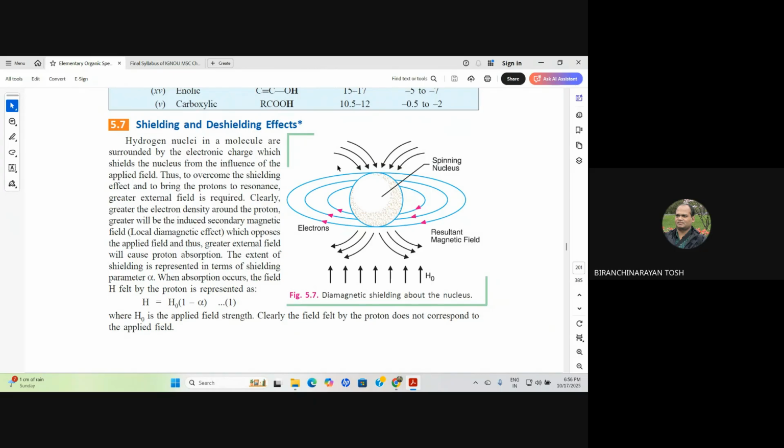The extent of shielding is represented by the shielding parameter alpha. When absorption occurs, the field H felt by the proton is represented by H equal to H naught into 1 minus alpha, where H naught is the applied field strength and H is the field which is felt by the proton.